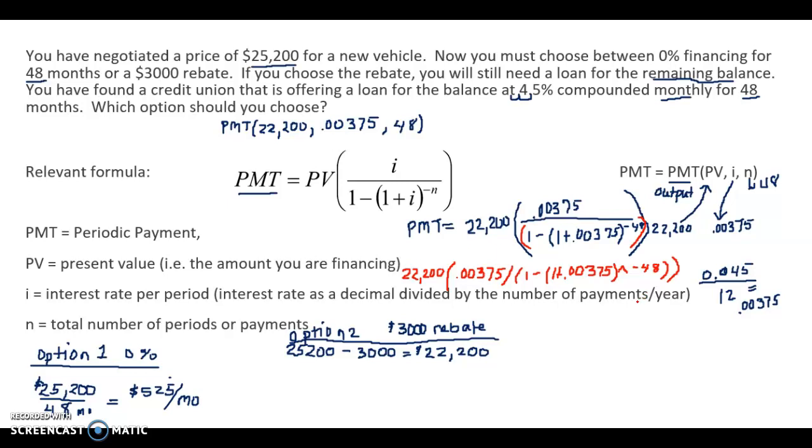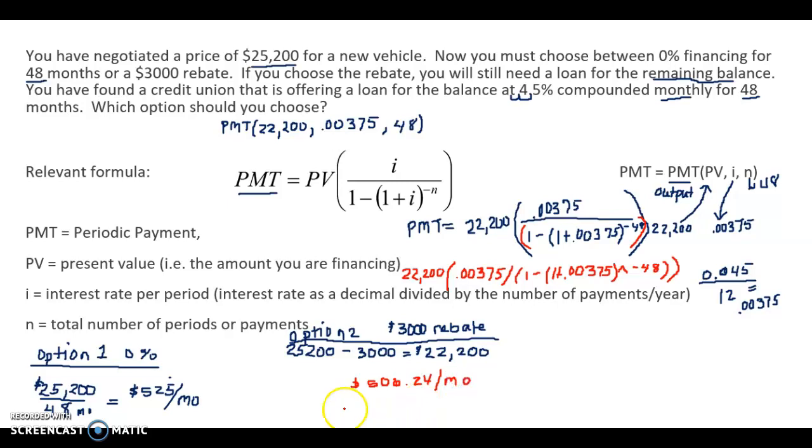I put my equals and I get a value of $506.24, and that would be per month.